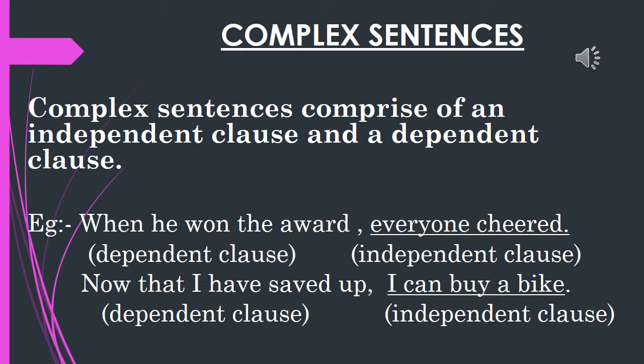I can buy a bike. So this clause gives you a complete sense or a complete thought. So it is the main clause or the independent clause. So again, it's a combination of a dependent clause and an independent clause. Hence the sentence is a complex sentence. I think complex sentence is very clear to you all.